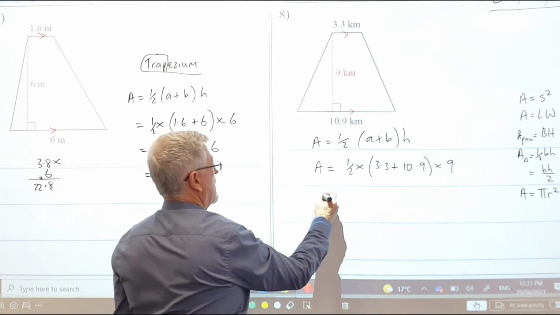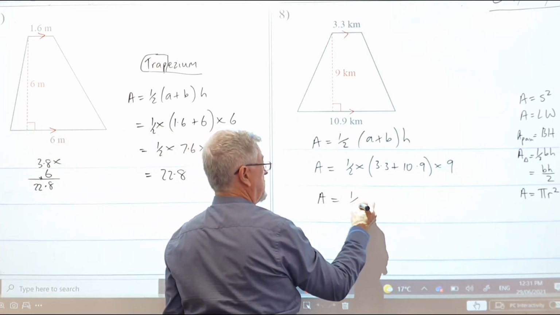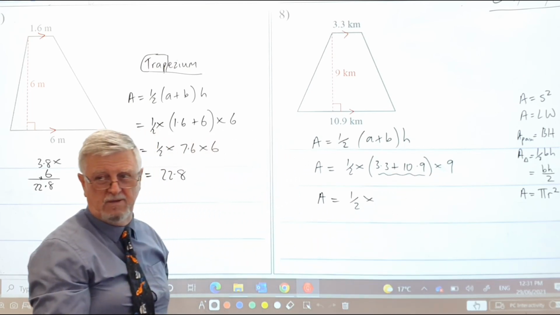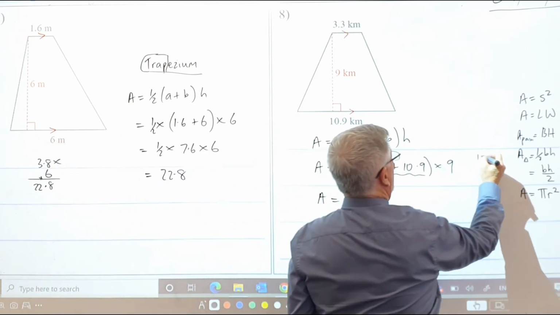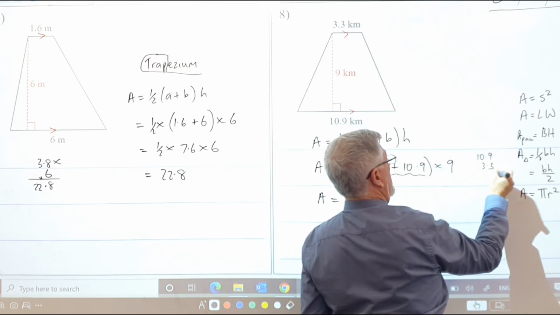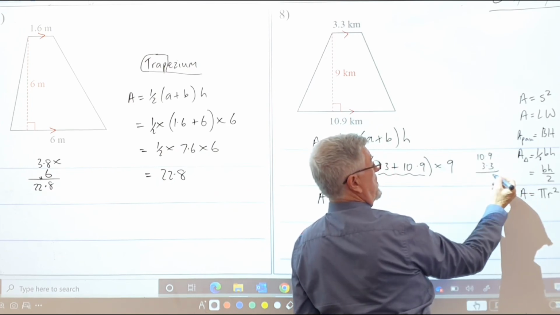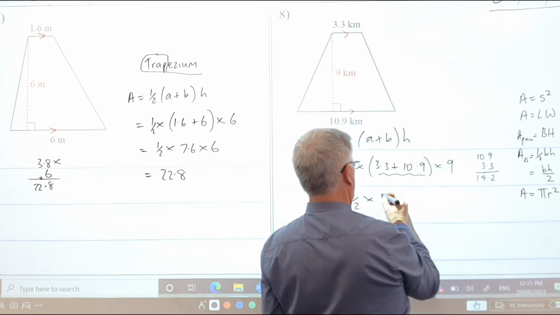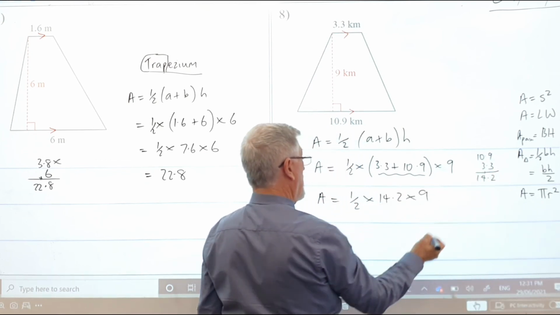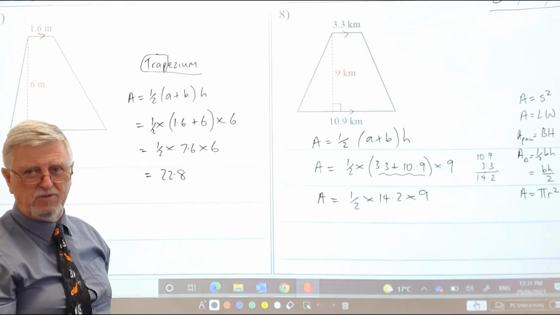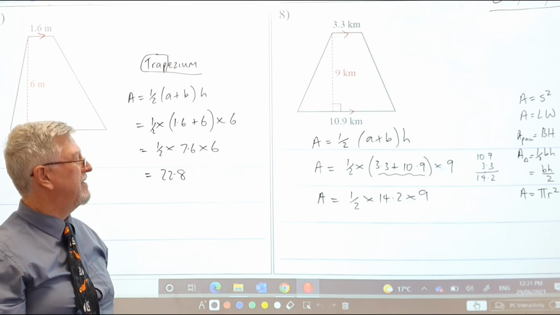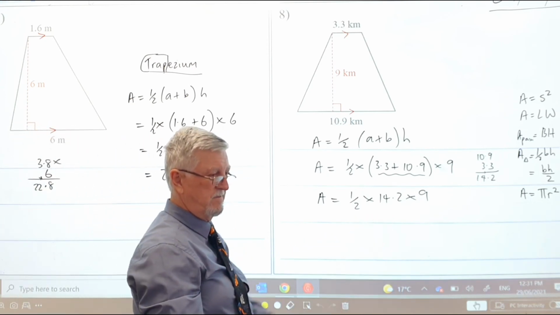So, if you had to do this without a calculator, you've got to do the brackets first. So then you go 10.9 and 3.3. I go 9 and 3 is 12, there's the 12. 3 and 1 is 4, that's 14.2. And then it would be horrible to have to do that without a calculator. It's not too bad. Callum, what's a half of 14.2? 7.1.